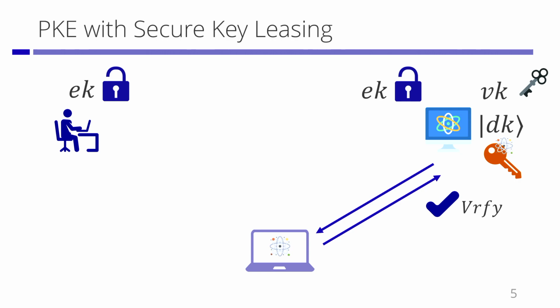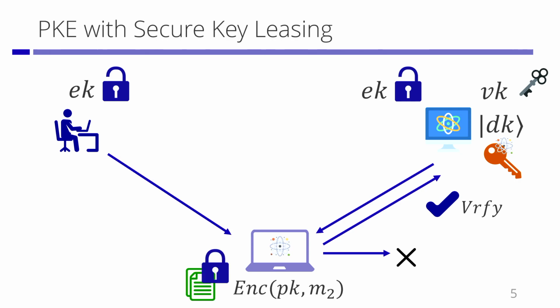If the returned decryption key is valid, then after that, even if Bob receives another ciphertext under the public encryption key, Bob cannot decrypt the ciphertext anymore. This is PKE with secure key leasing.